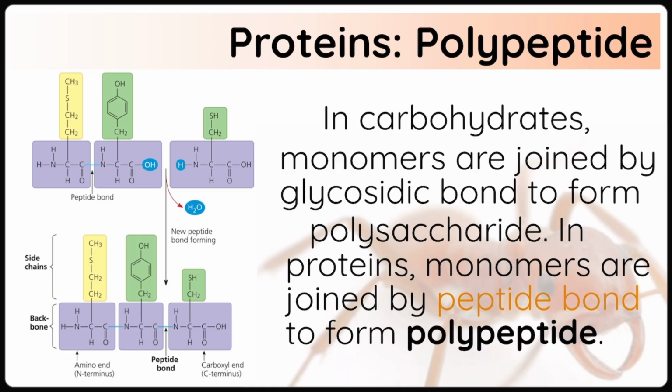Peptide bonds in proteins, on the other hand, form between the amino group of one amino acid and the carboxyl group of another, creating long chains of amino acids that will fold later on into functional proteins. Now, take note of the name of the bonds that join the biomolecules together. For polysaccharides, it's the glycosidic bond. For proteins, it's the peptide bond.